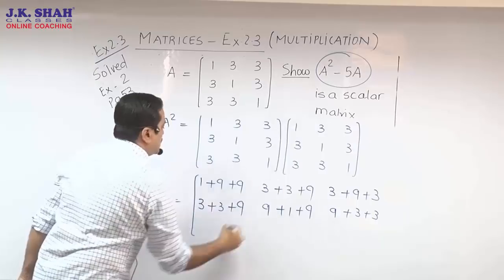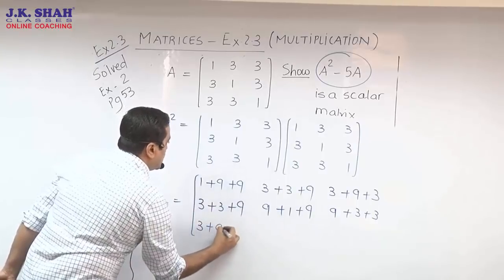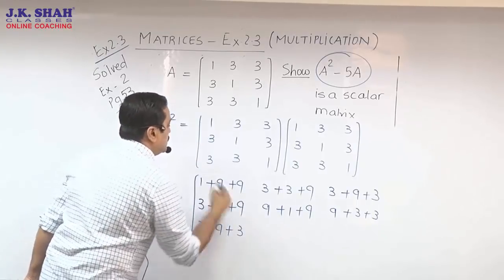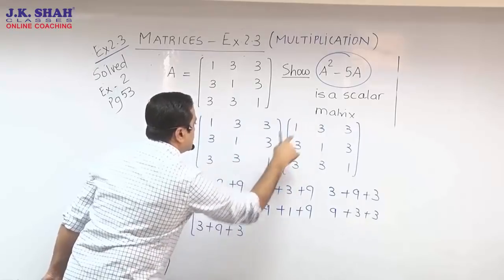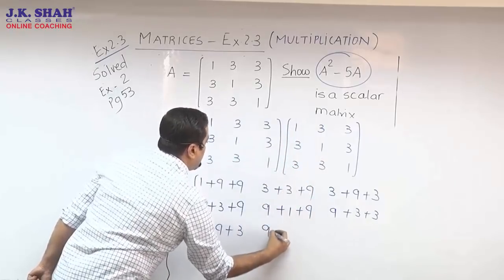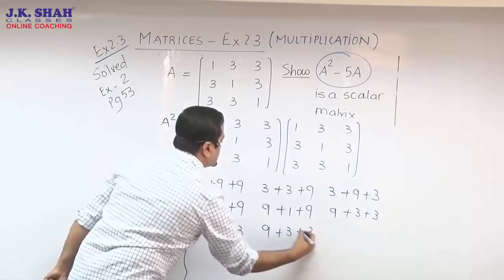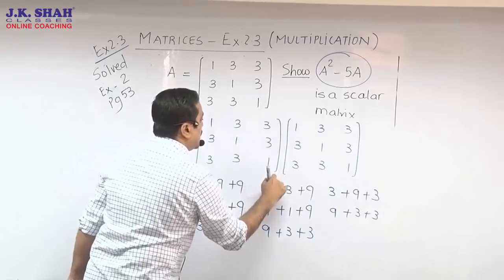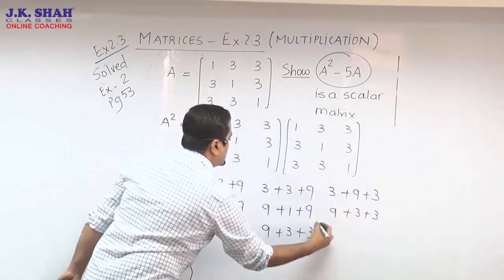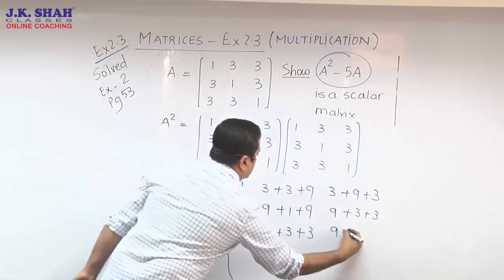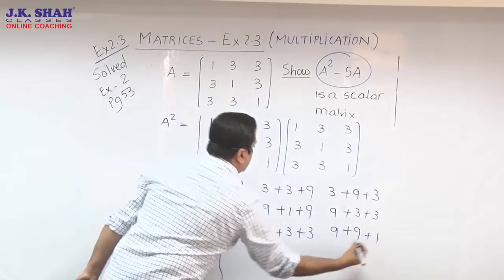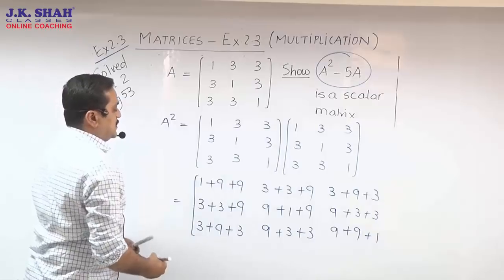R3 C1, 3 plus 9 plus 3. R3 C2, 9 plus 3 plus 3. And the last shot, R3 C3, 9 plus 9 plus 1. So check.